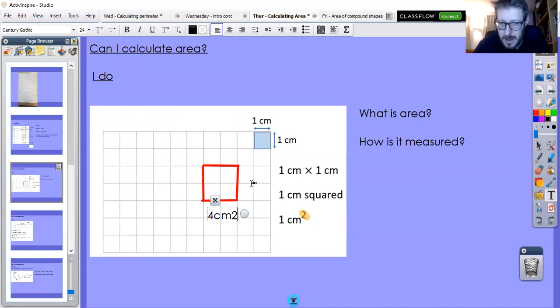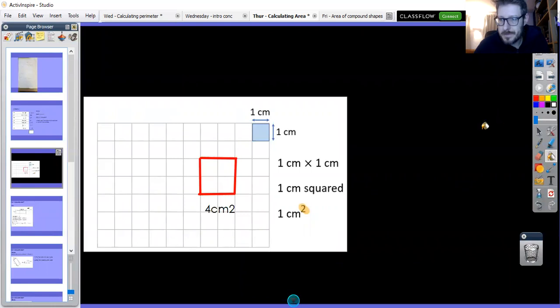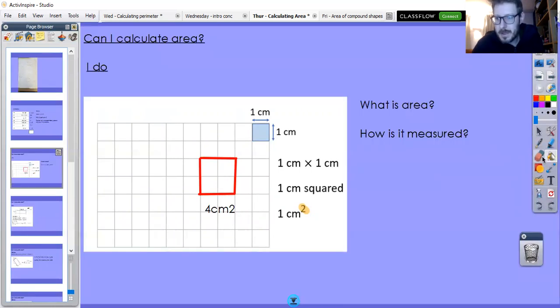It would be like thinking of it as an array. When we used to look at arrays, if I asked you how many dots are in this array, you wouldn't necessarily need to count up every single dot.